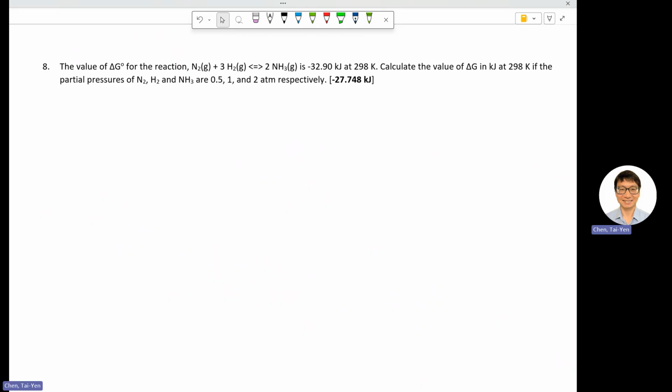In these questions, you will always see a feature: it provides a lot of information on your reaction products. Every time you see a situation like this, you should have in mind that it's going to ask you to calculate Q, the chemical quotient Q. Think about Q.